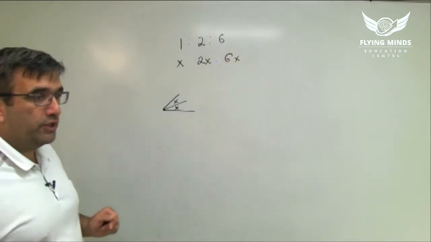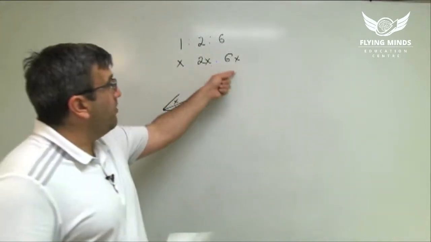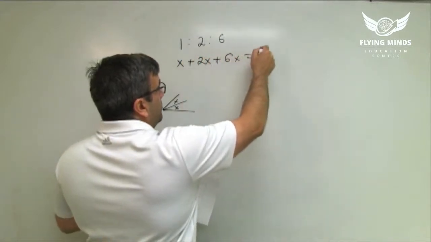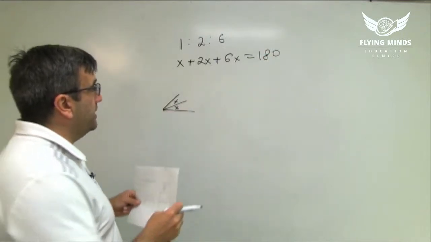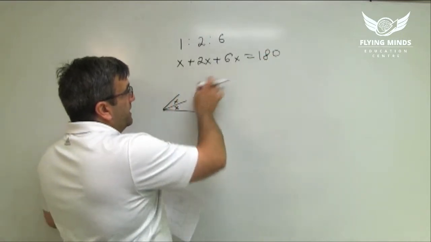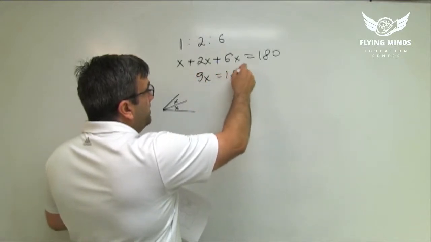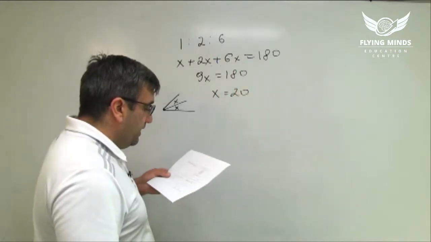And what do we know about angles in a triangle? That the sum of all angles equals 180. And from here, we combine like terms. So 3 plus 6 will be 9x equals 180. From here, x equals 20.